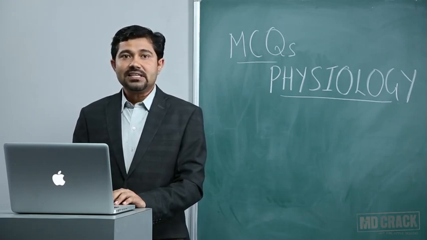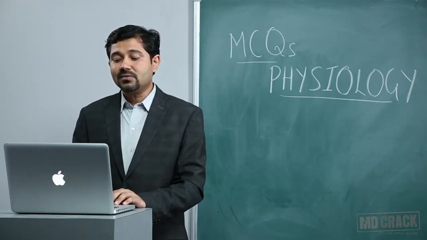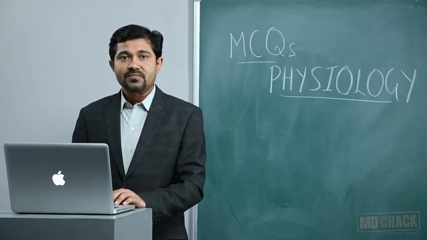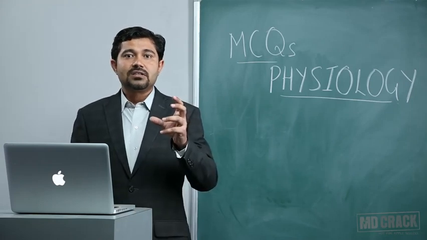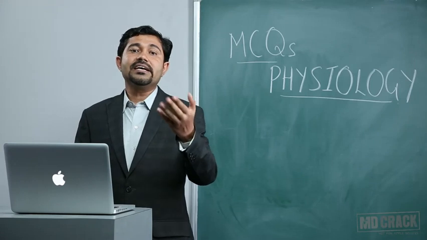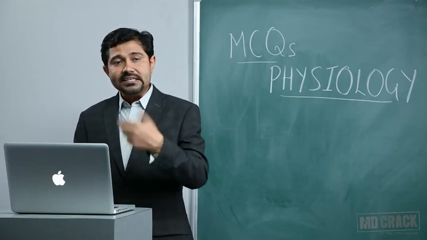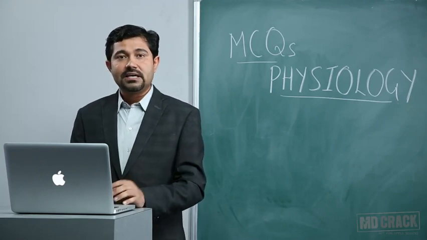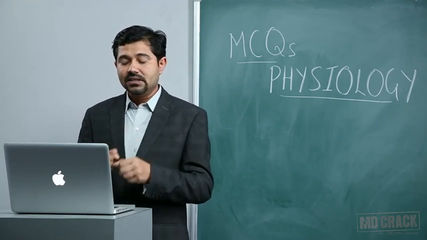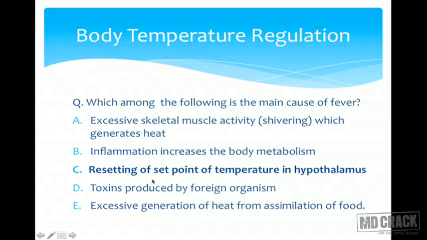Interleukin 1 is an inflammatory mediator which is going to reset the set point of temperature in the hypothalamus. Once this is reset, the body will think that it's not 37 degrees Celsius, but that 38 or 39 degrees Celsius is the body temperature. Secondary to that, there will be shivering and then you will gain fever, right? So the best option among these is option C, resetting of set point of temperature in the hypothalamus.